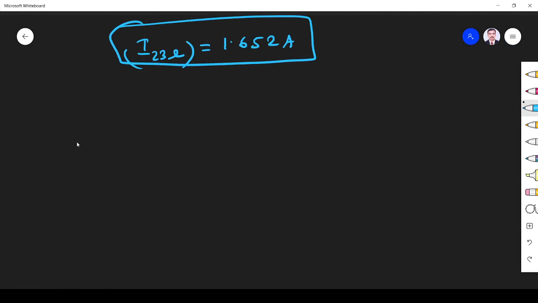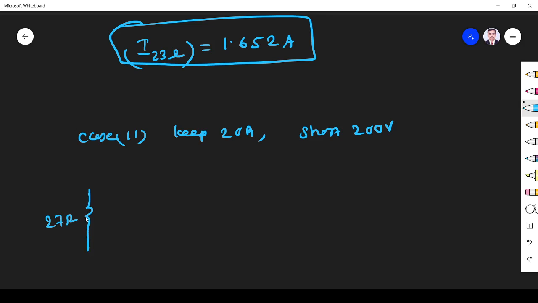Next, case 2: keep the current source active, keep the 20 ampere source and short the 200 volt. The circuit becomes like this. The 27 will be as it is.